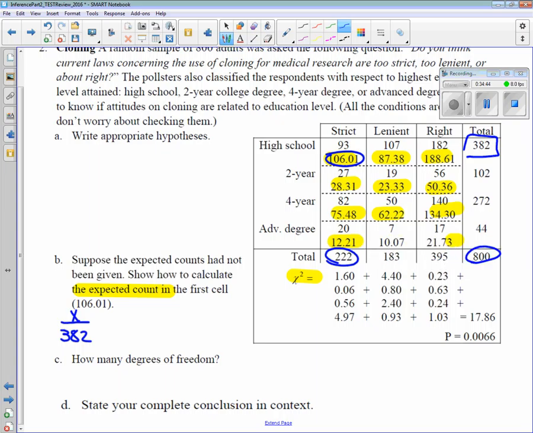So you're going to actually write a proportion to solve this problem. Does that make sense? When we did it in class before, these column totals were all the same, so we didn't have to do that. But now they're not. So I just wanted to make sure I pointed that out to you, okay, because that's a little bit different.